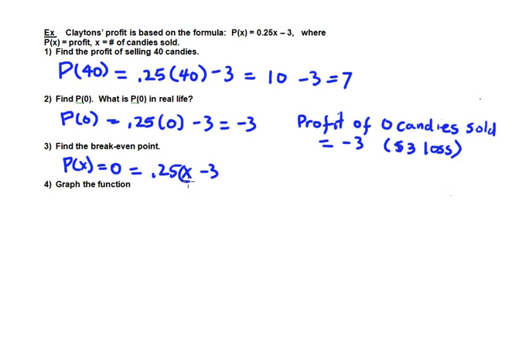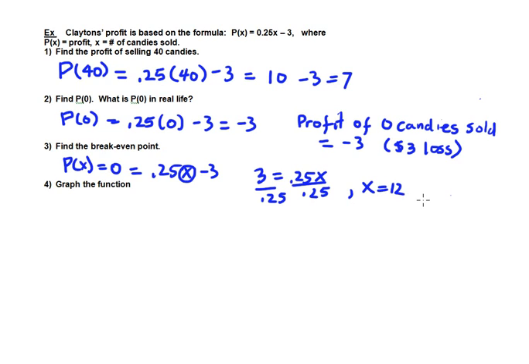Now we want to solve this for x, so we'll add 3 to both sides. We get 3 = 0.25x, and again, solving for x, we divide by 0.25, that is, divide by a quarter. So we end up with x equal to 12.